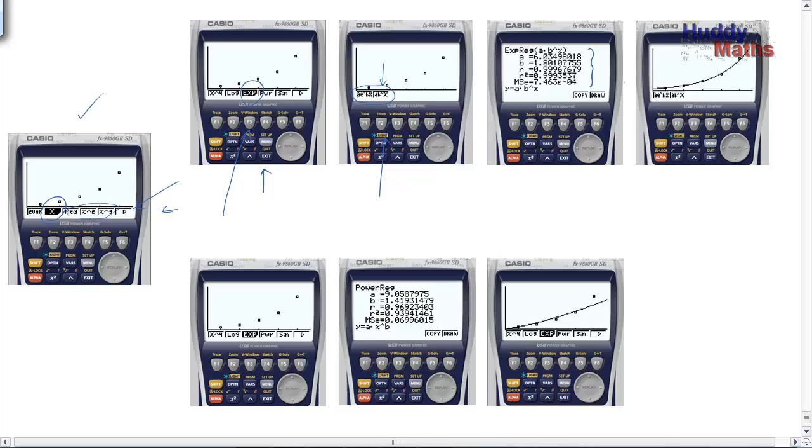It's fitted a curve here to that set of data rather than a straight line. And it's given us the formula a b to the x. And if we hit F6 and draw it, we can see, hey, that's a pretty good fit. And we're going to compare our power fit in a minute. But you can see we have the rule here.